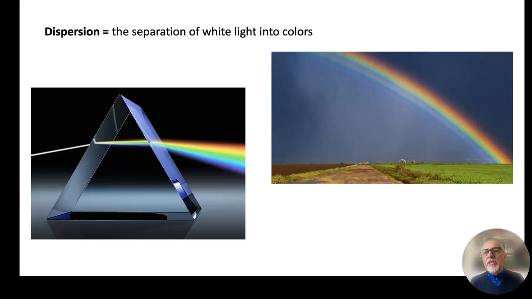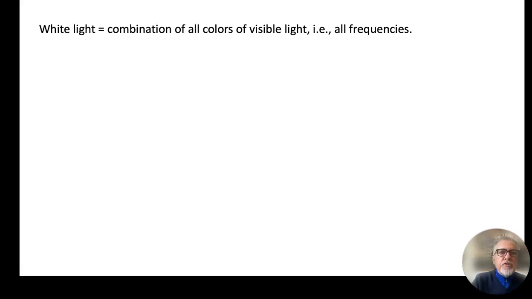The same thing happens in the upper atmosphere when there are water droplets dispersed, and each of those water droplets acts as a little tiny prism and sends a rainbow of light to your eye. So in other words, as I said already, white light is a combination of all colors, all frequencies in the visible spectrum. And sunlight is white light.